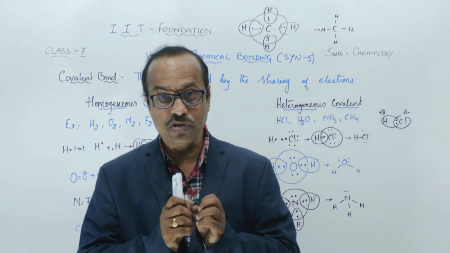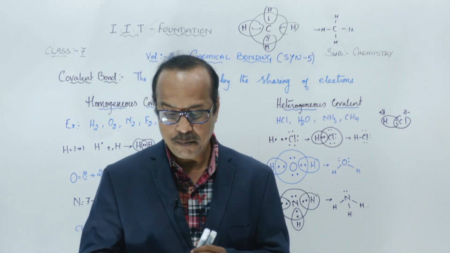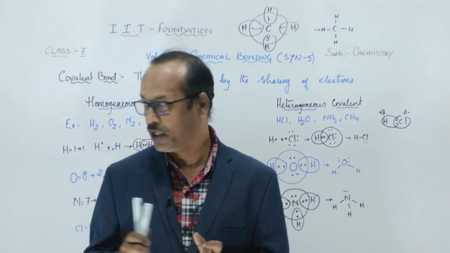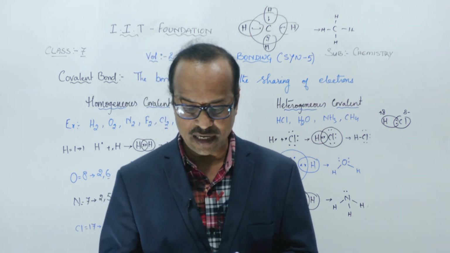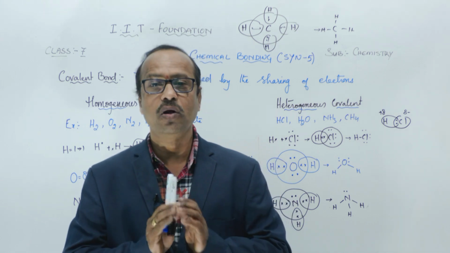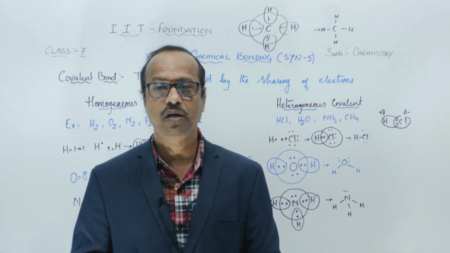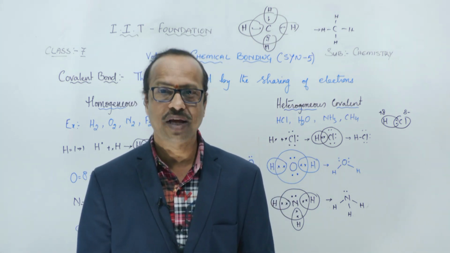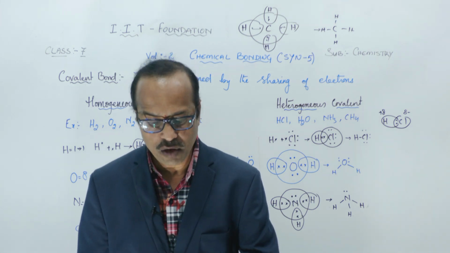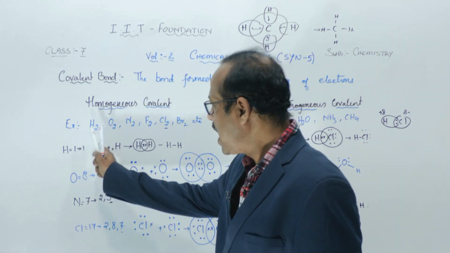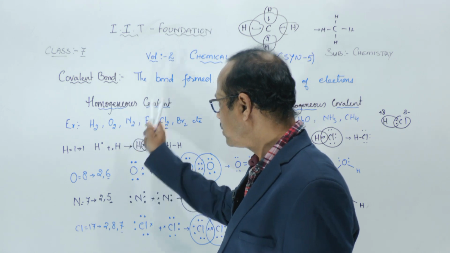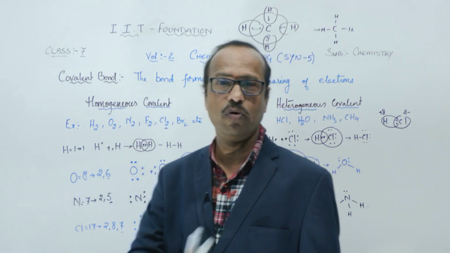The shared electrons are equally attracted by the nuclei of both the atoms. As a result, the molecule is neutral. Neutral means what? No charge. So hence these are called non-polar. Examples: hydrogen, oxygen, nitrogen, fluorine, chlorine, bromine, etc.